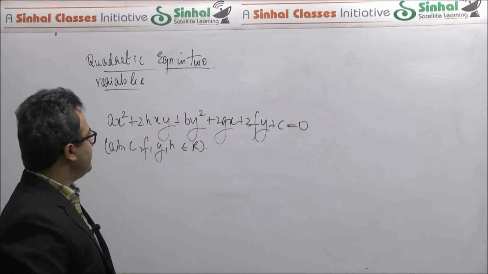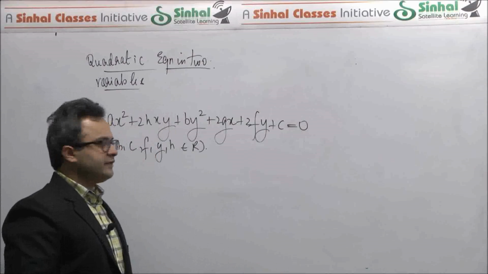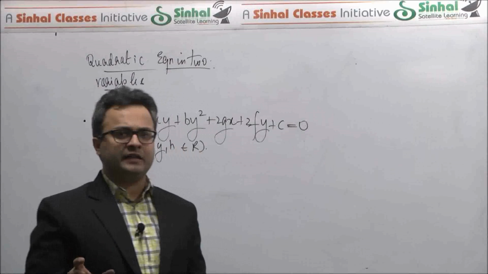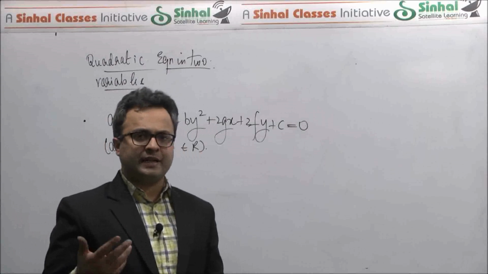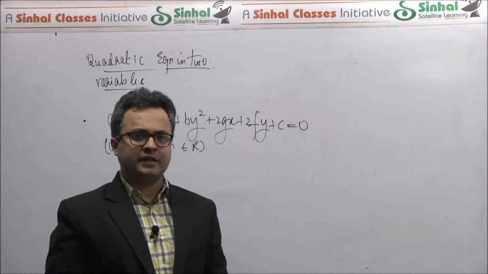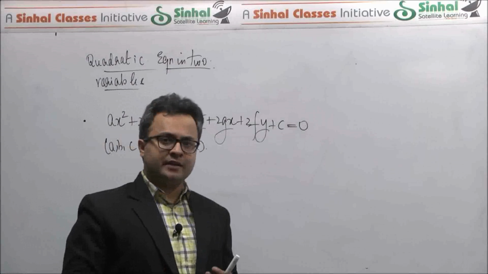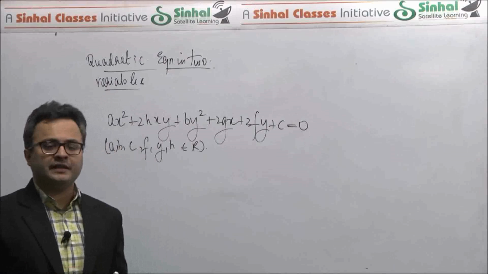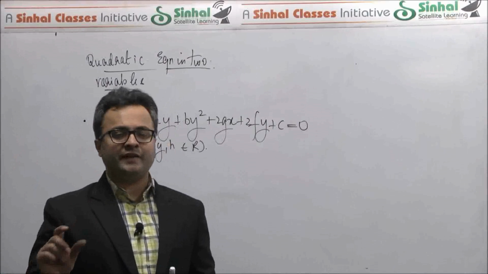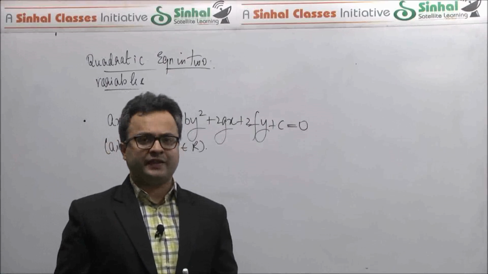Now, typically, when you have one quadratic equation in x, every solution is a value of x for which the equation is satisfied. Similarly, when you talk about a quadratic equation in two variables x and y, every solution will be a value of x and a value of y which simultaneously satisfy the equation.